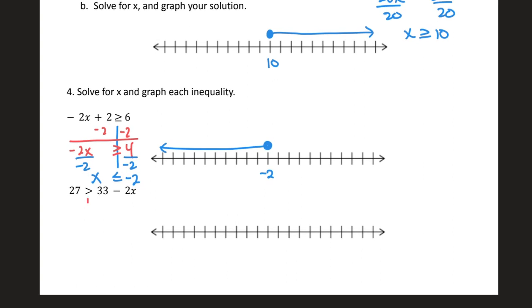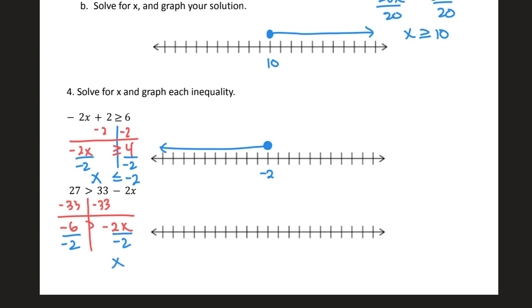All right, the second problem for number 4, we're going to solve. So I'm going to subtract 33. So we have -6 is greater than -2x, and then we're going to divide both sides by -2.